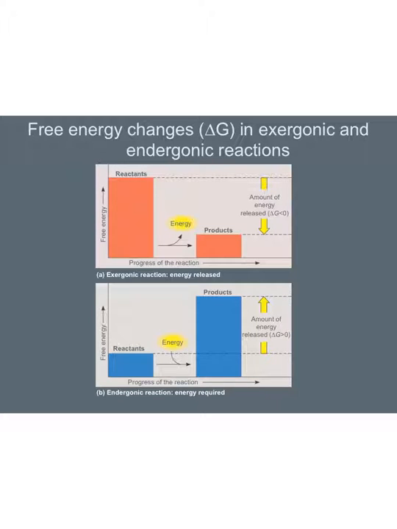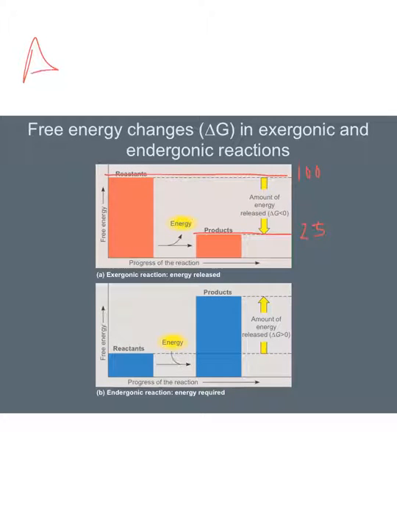Okay, so if we look at some diagrams here, these are what we call free energy diagrams, and this is going to represent exergonic reactions versus endergonic reactions. So we're going to do some calculations, and we're going to assume that this line right up here at the top of our graph represents 100. And this line down here, where our products are, we're going to say represents about 25.